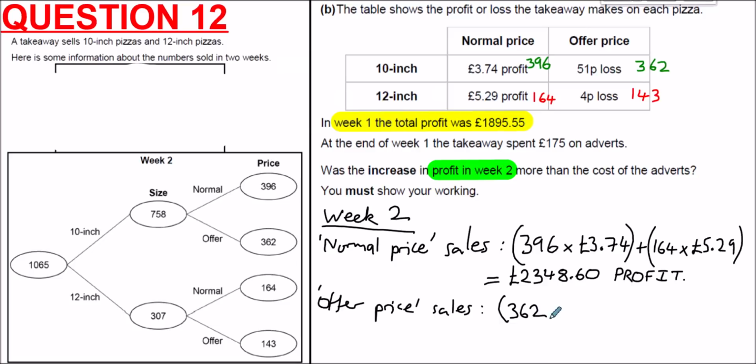Be careful with the units, we're not talking 51 pounds, we're talking 51 pence. And so input this as 0.51. Also, for 12-inch pizzas, 143 of those were sold at a 4 pence loss each time. So the total losses from the 12-inch sold at the offer price is 143 multiplied by 4 pence, which in decimal form is 0.04.